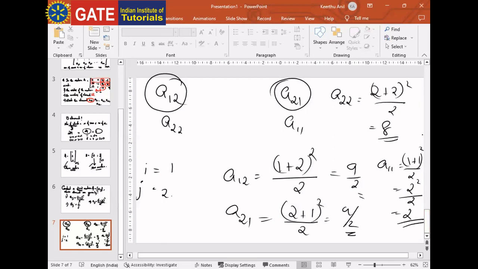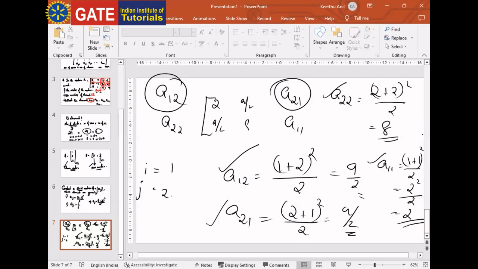Got it? Likewise, we'll be able to find all the elements. We have got the values of A12, A21, A22, A11. Okay? Now go for arranging them very correctly. A11 is 2. A12 is 9 by 2. A21 means again 9 by 2.